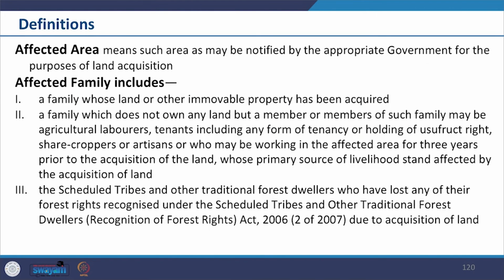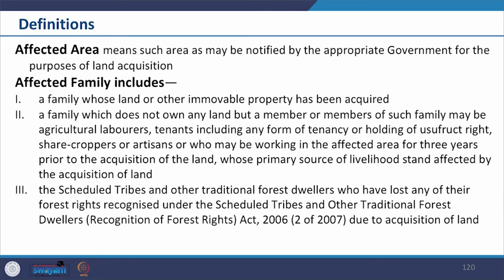We see what affected area means. Affected area means such areas as may be notified by the appropriate government. So, the government notifies the affected area for the purpose of land acquisition. Further, we see affected family, which means a family whose land or other immovable property has been acquired. Also, it may include a family which does not own any land.